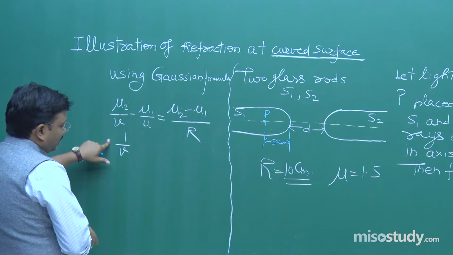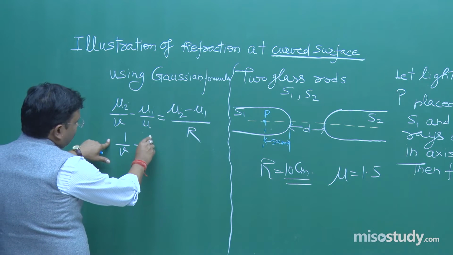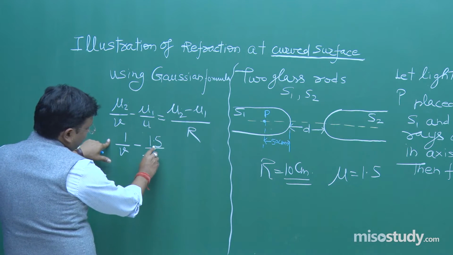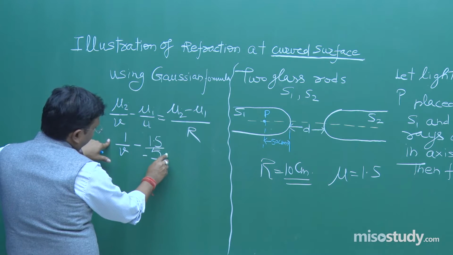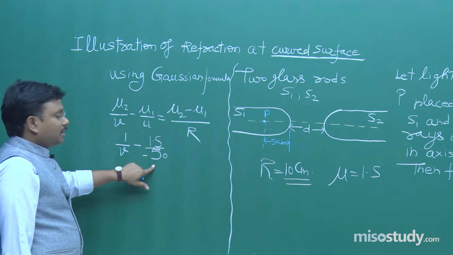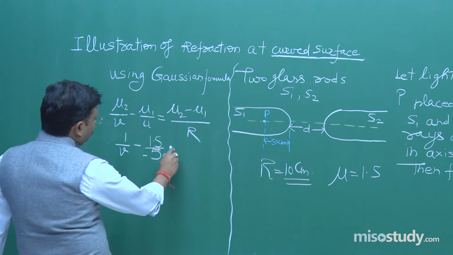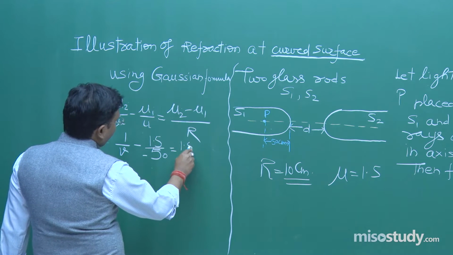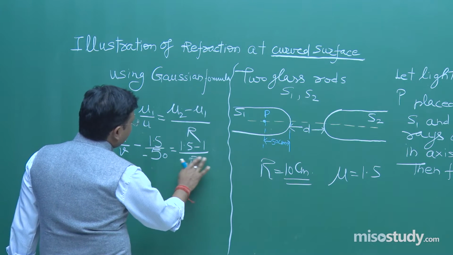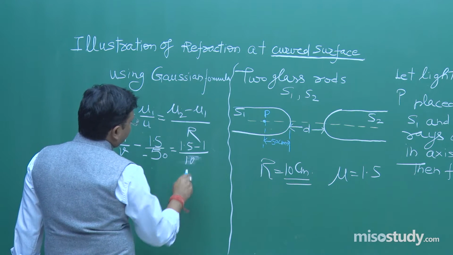Now over here it is going to be minus 1.5 upon minus 50, as given in the problem. Why minus 50? Because the position of the object is 50 centimeters. This is equal to 1.5 minus 1 over R. R means 10 centimeters.